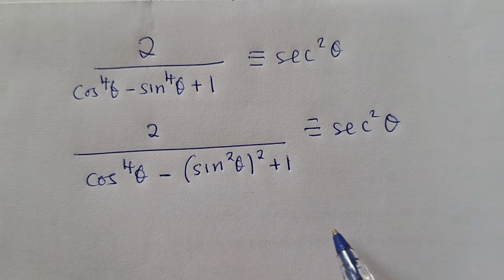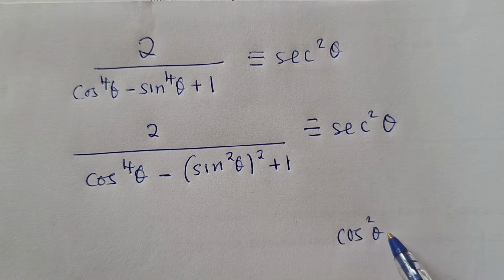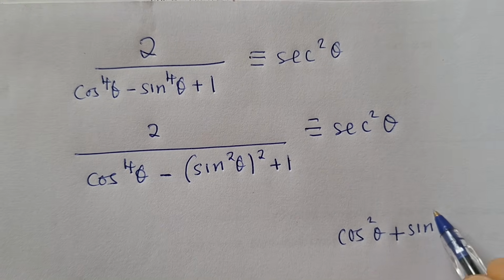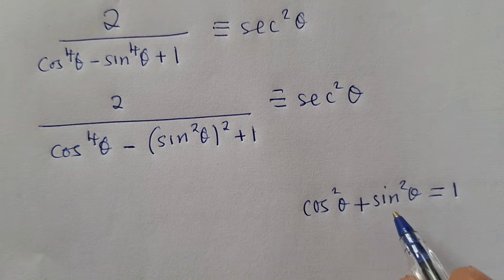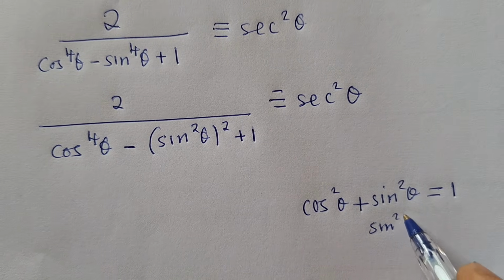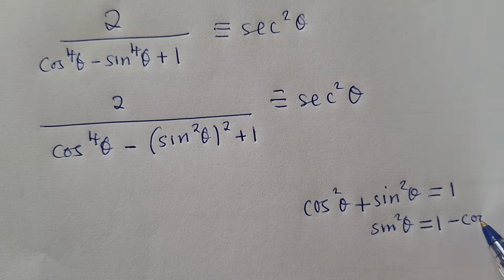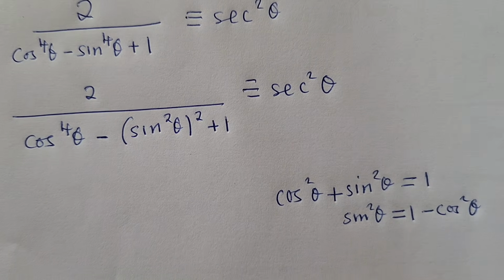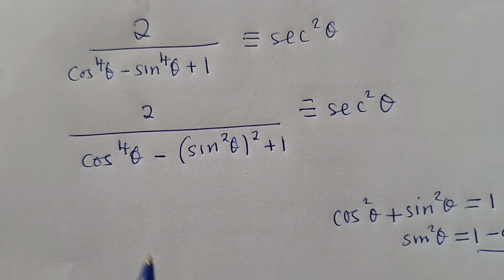So now there is an identity here which we can use, or which we're supposed to use, which says that cos squared theta plus sine squared theta is equal to 1. So we're going to make sine squared theta the subject, and this is how it's going to look, okay. Can you see? So this is what we're going to substitute here.